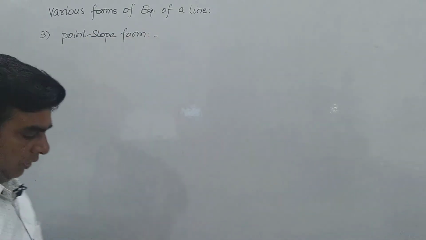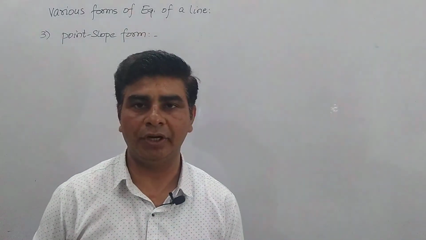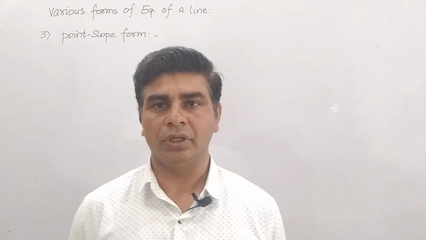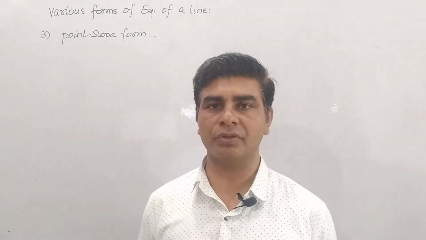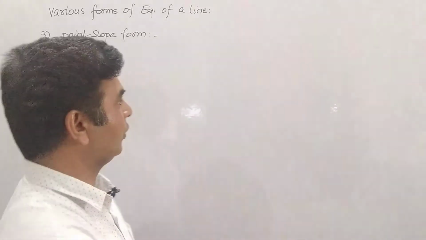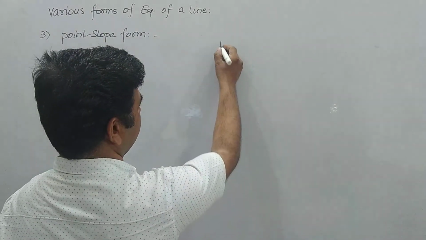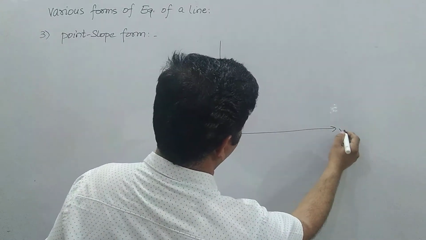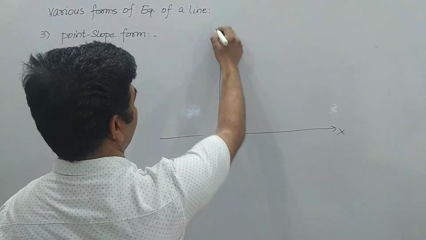This is the form in which you are given a point on the line and the slope of the line. In that case, how can you write down the equation of the line? Let me first of all discuss the generalized form. For that, let us again consider the x-axis and y-axis. This is your x-axis, this is your y-axis.